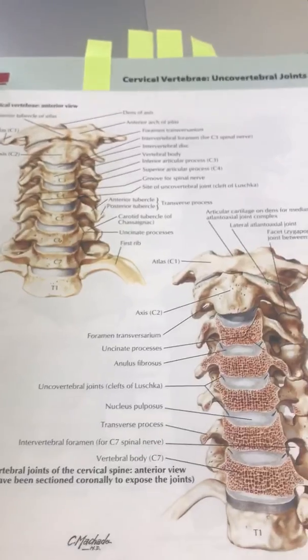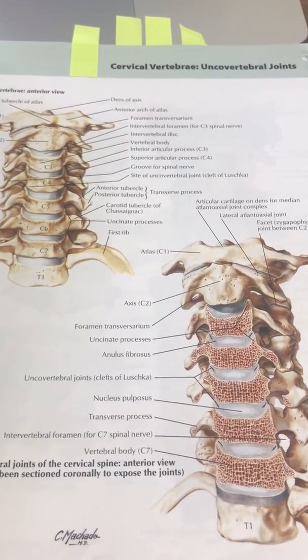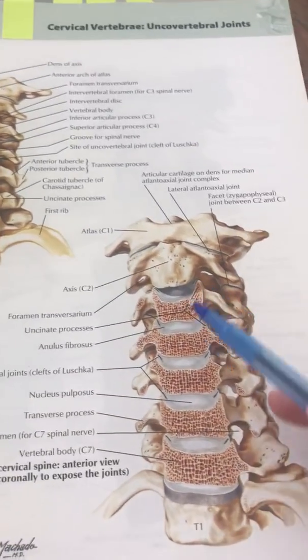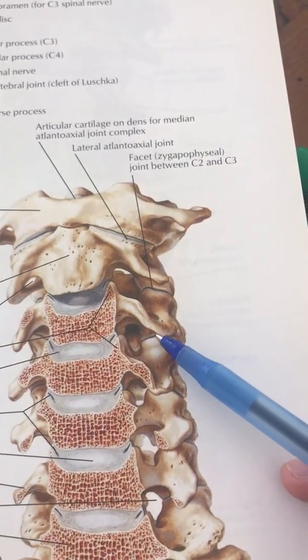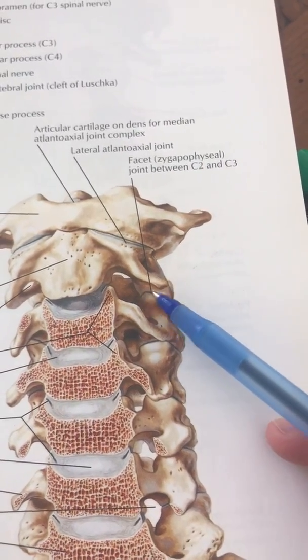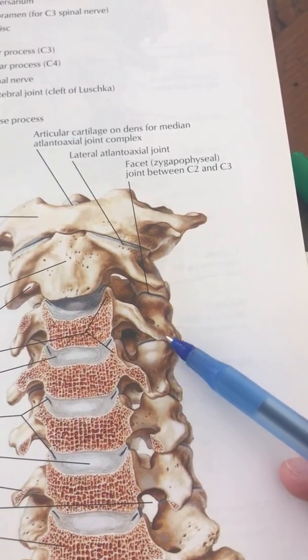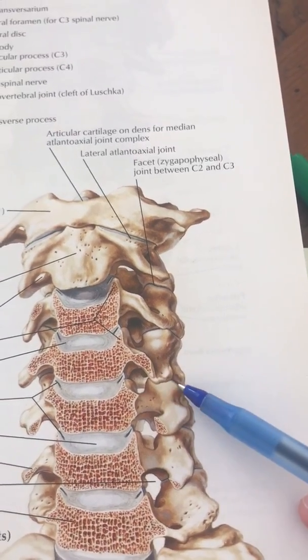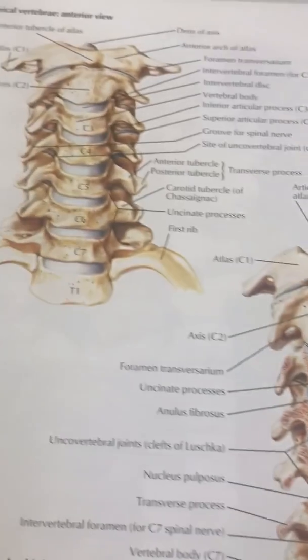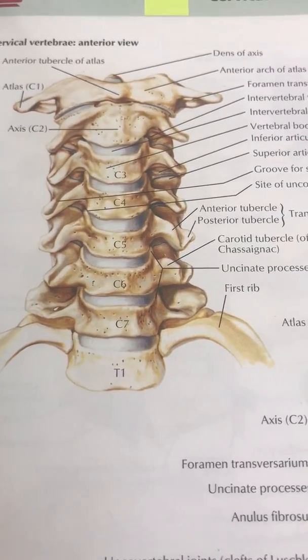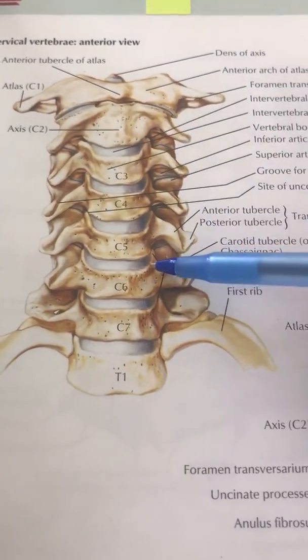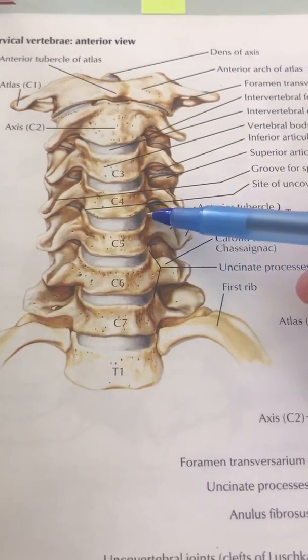These are both anterior views of the cervical spine, and we've just shaved away some of the bone here. So here are those facet joints or zygapophyseal joints in the cervical spine. And then our typical cervical vertebrae, so C3 to C6, have those uncinate processes.